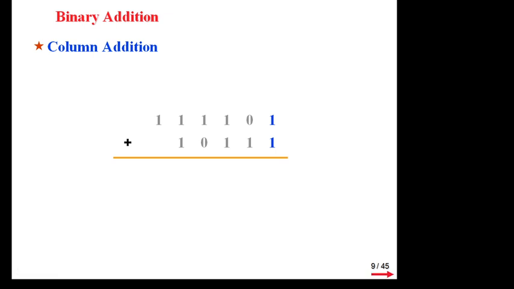Similarly for binary addition, 1 plus 1, 2. 2 is greater than or equal to 2, so you subtract 2. 2 minus 2, 0, and 1 carry. Similarly in this way, 1 plus 1 plus 1, 3. 3 minus 2, 1, and 1 carry.